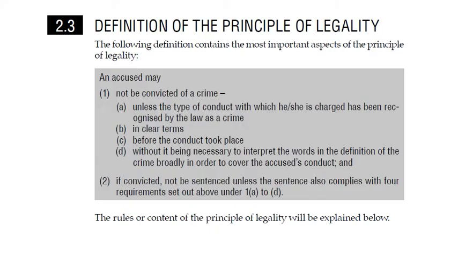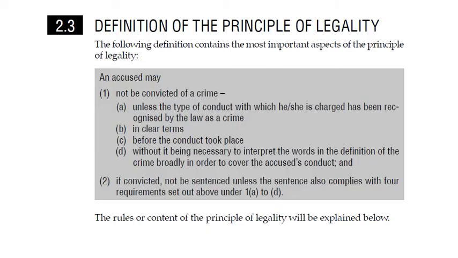An accused may not be convicted of a crime unless the type of conduct with which he or she is charged has been recognized by the law as a crime. An accused may not be convicted of a crime unless the crime is formulated in clear terms. An accused may not be convicted of a crime before the conduct took place.